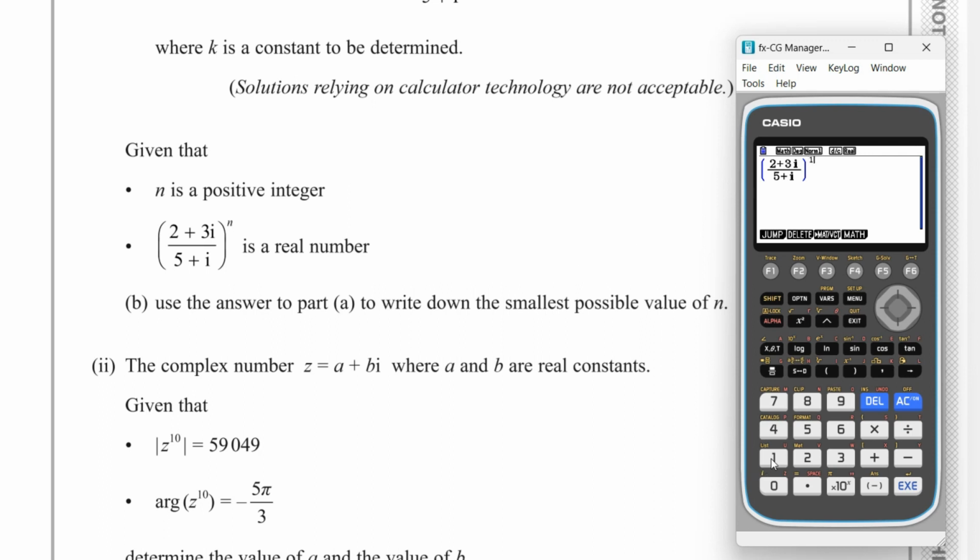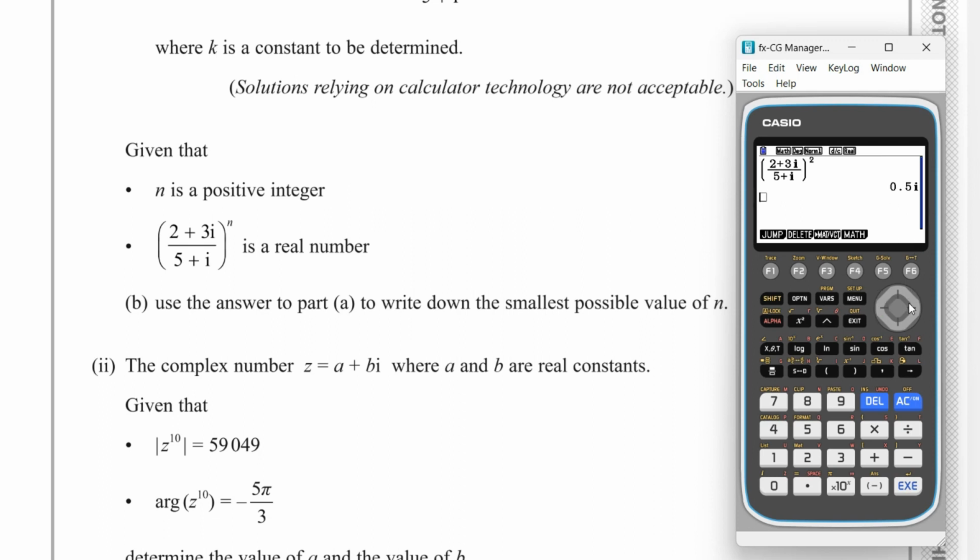And when n is equal to 1, we end up with 1/2 plus 1/2 i. So n cannot equal 1. Let's try the next positive integer, 2. We end up with 1/2 i.